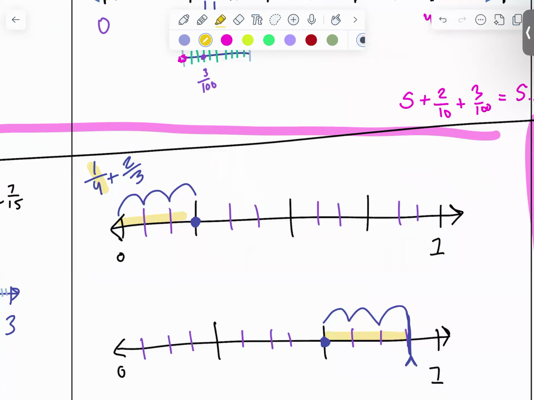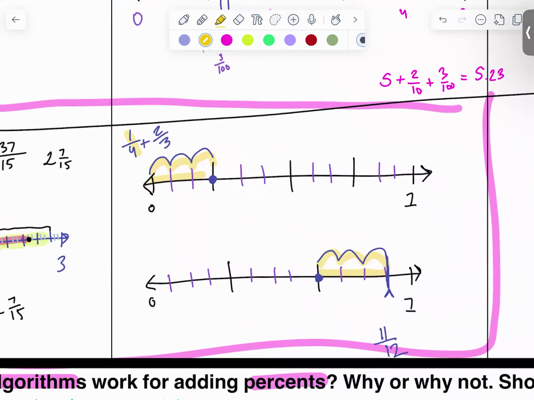And then I could see I now have like partitions. And so I could add these three, which ended up actually being twelfths, onto this 2/3, and then I end up with 11 twelfths.